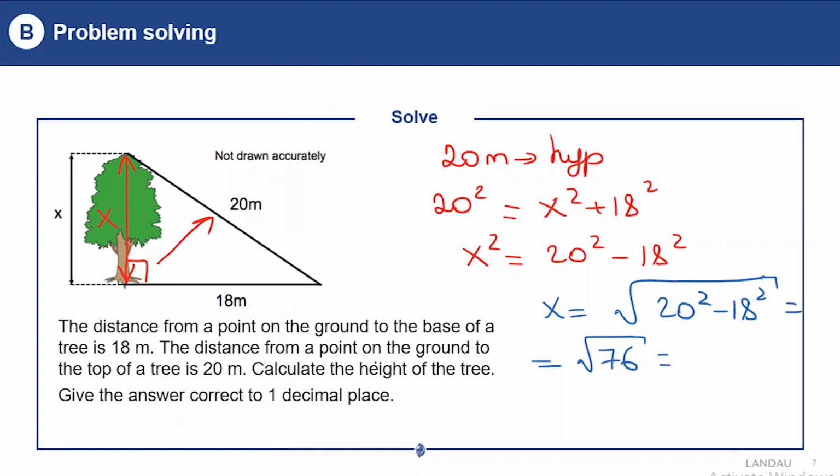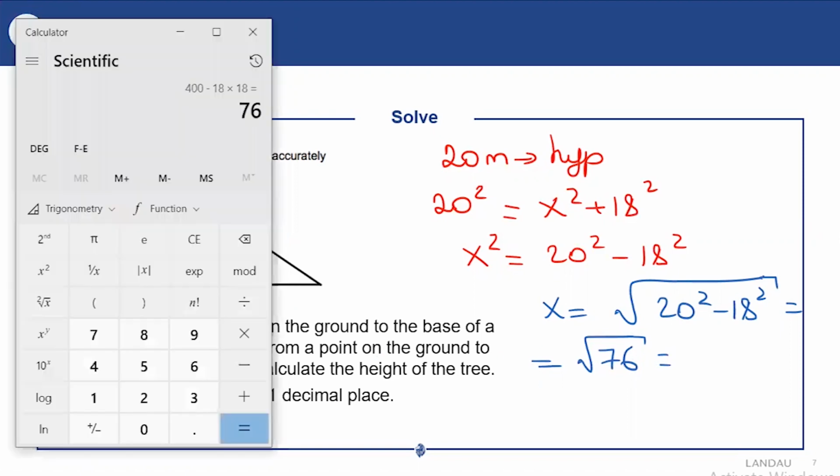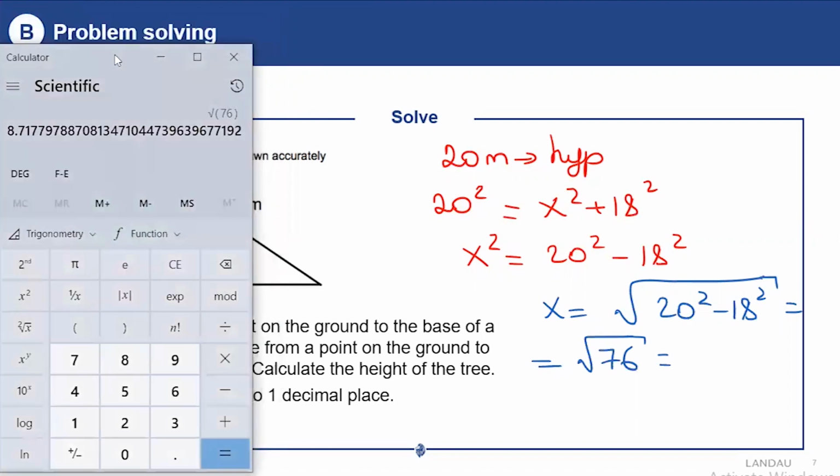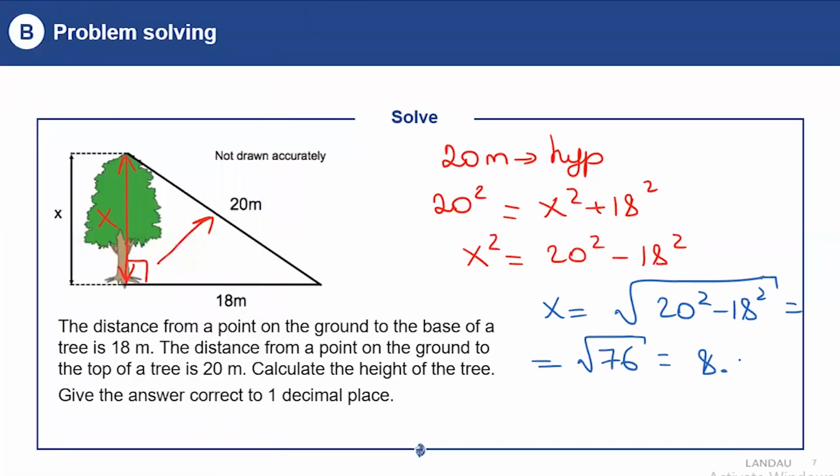So we need the accurate answer, not the root. For this reason, we need to find the root of 76. Again, we have a recurring decimal, but 1 dp means after the decimal point we need only 1 digit. So the answer will be 8.7. So we say that the height of this tree will be 8.7 centimeters.